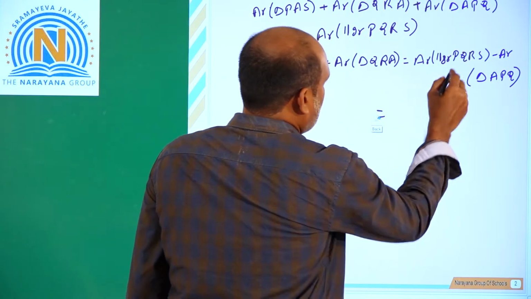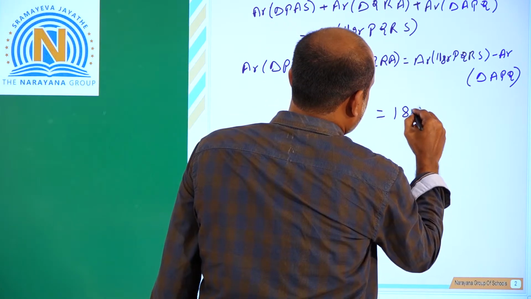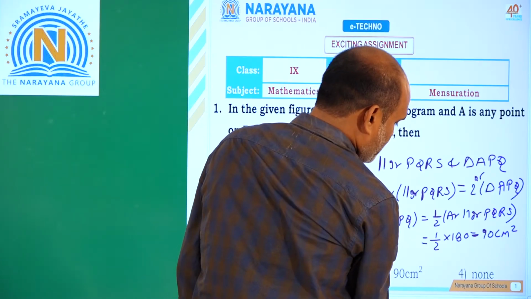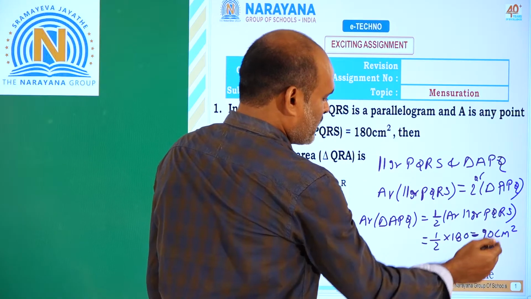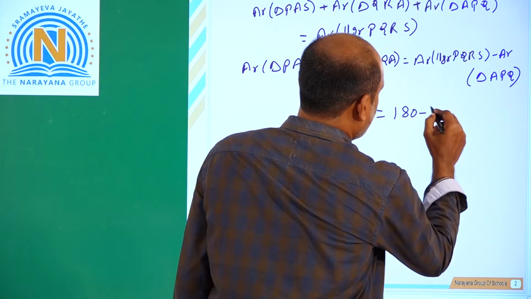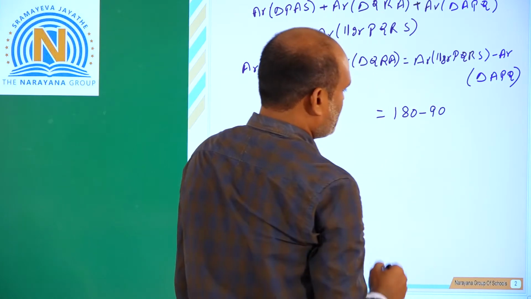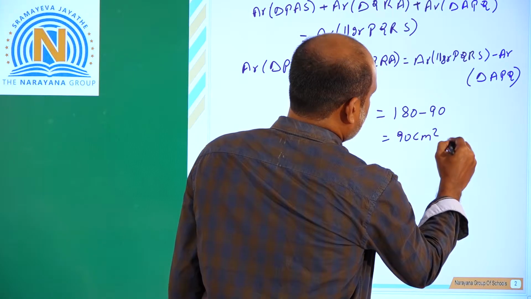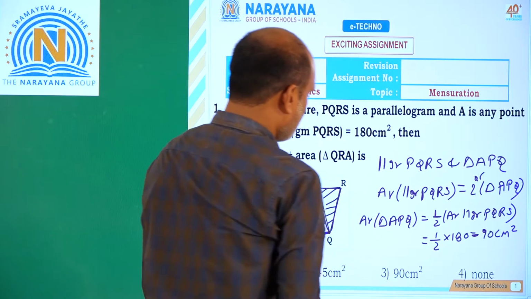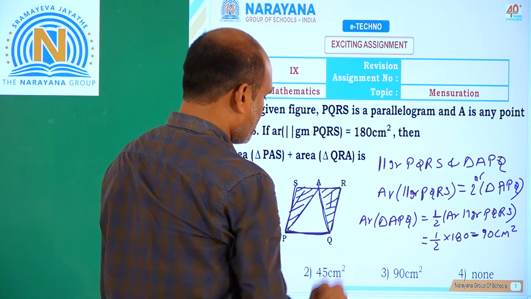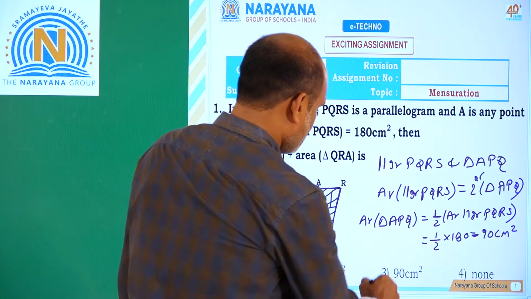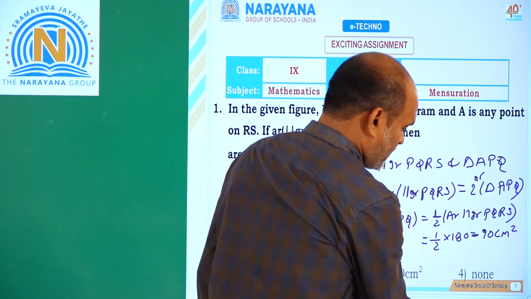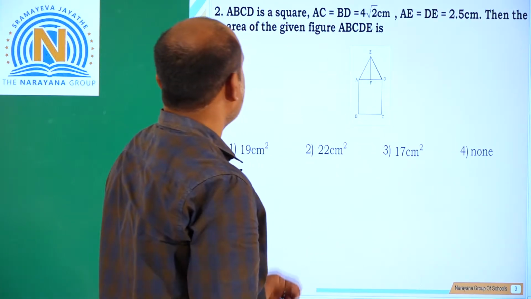The area of the parallelogram is 180 centimeter square, and the area of APQ we already found is 90 centimeter square. So 180 minus 90 is equal to 90 centimeter square. So the area of this area plus this area is 90 centimeter square. That is, option 3 is the correct answer. Now coming to the next one.